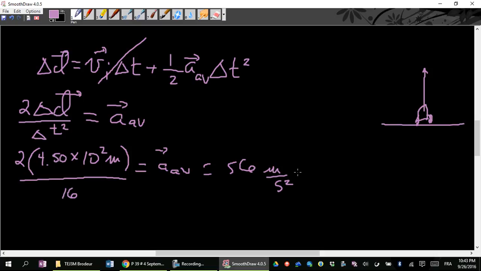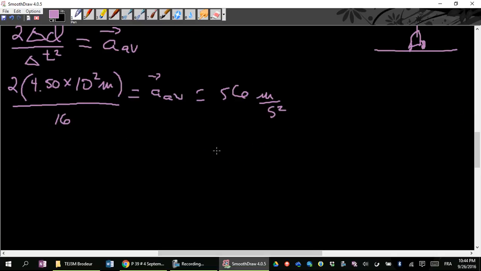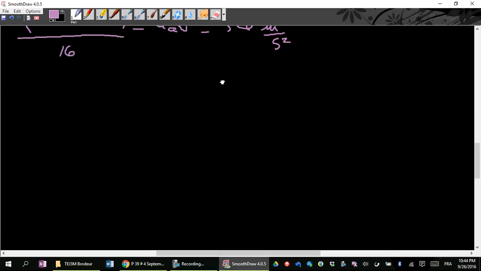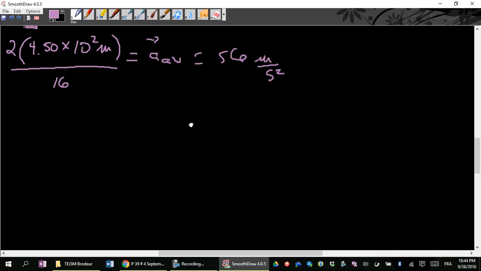At what velocity is the spacecraft traveling when it reaches the altitude? So this is V final.